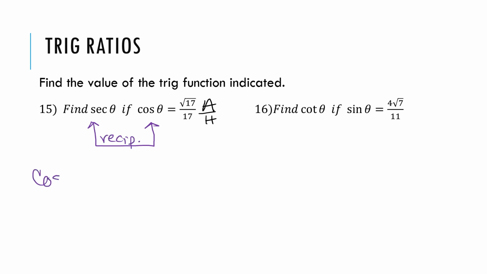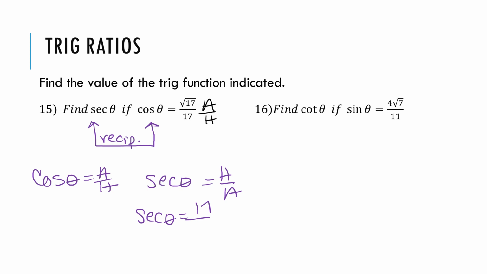So if I know that cosine is adjacent over hypotenuse, then secant of theta is going to be its reciprocal, hypotenuse over adjacent. So all we have to do is just take the given values for cosine and flip them upside down. So secant of theta is going to be 17 divided by the square root of 17.